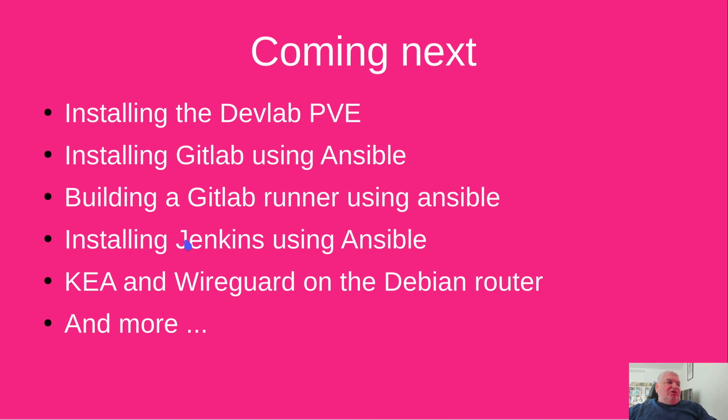We will also experiment with Jenkins automations and deploy Jenkins with Ansible, and also deploy Jenkins runners so that we can also use Jenkins automations if we need to. I have plans to install Kea and WireGuard on the Debian router, as I said multiple times, and I also have plans to create development environments for many of the most leading software projects to help people who want to contribute to open source.